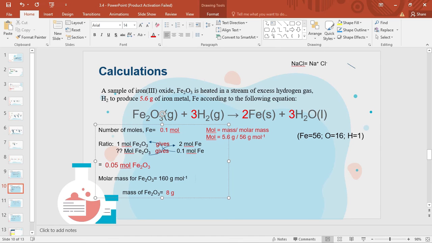Remember, mass equals number of mole times molar mass.